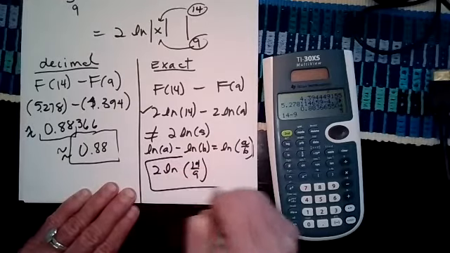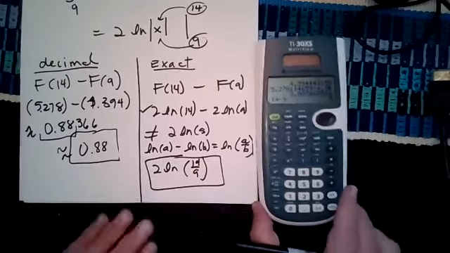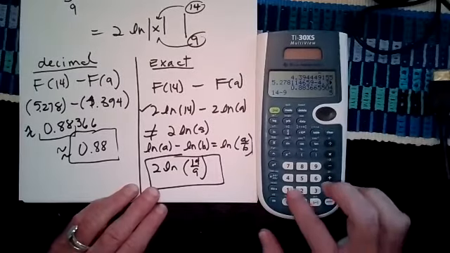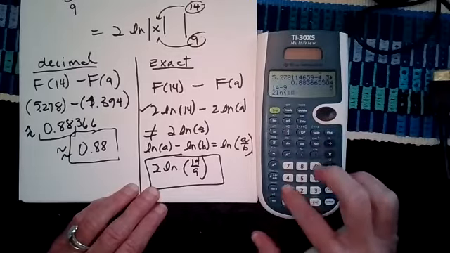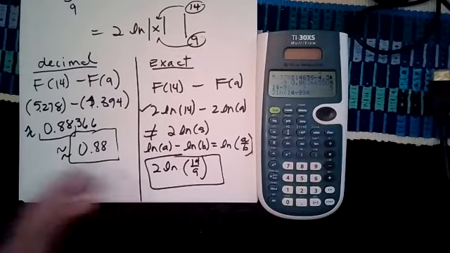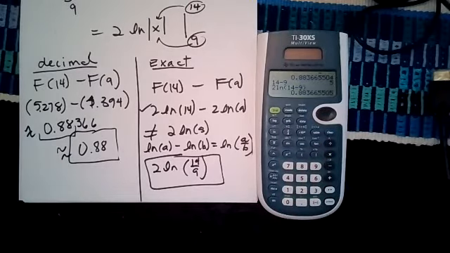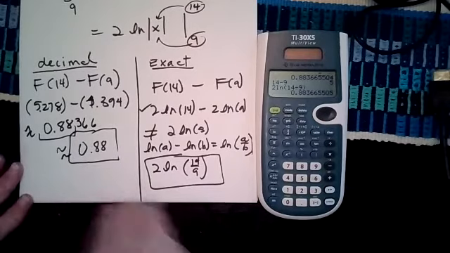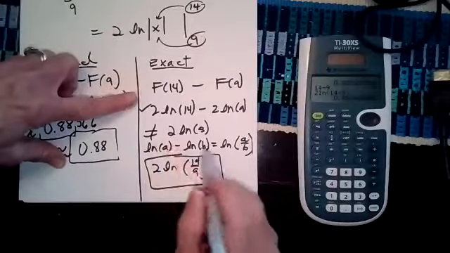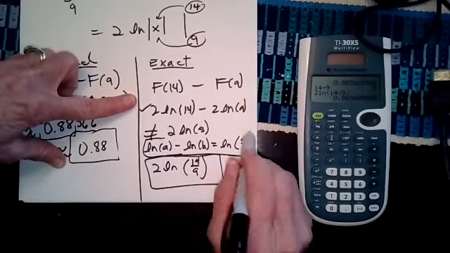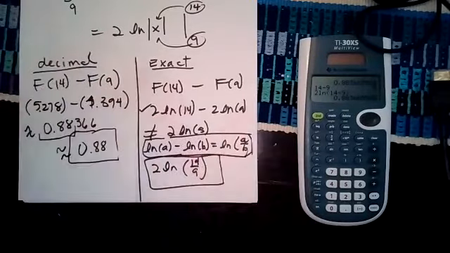That's the answer they'll give you if you miss it. And if I typed 2 ln of 14 divided by 9 in my calculator, I would get the same thing, 0.88. So this is the answer they give. Some people like to do it that way. You can do either way. I just wanted to show you the property of logarithms, that you can't subtract your ln's. Just don't ever do that. And that'll come up again.